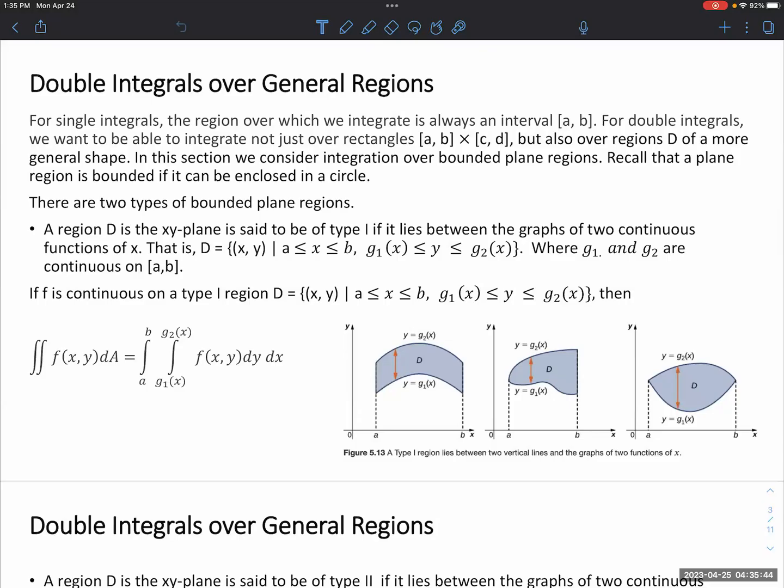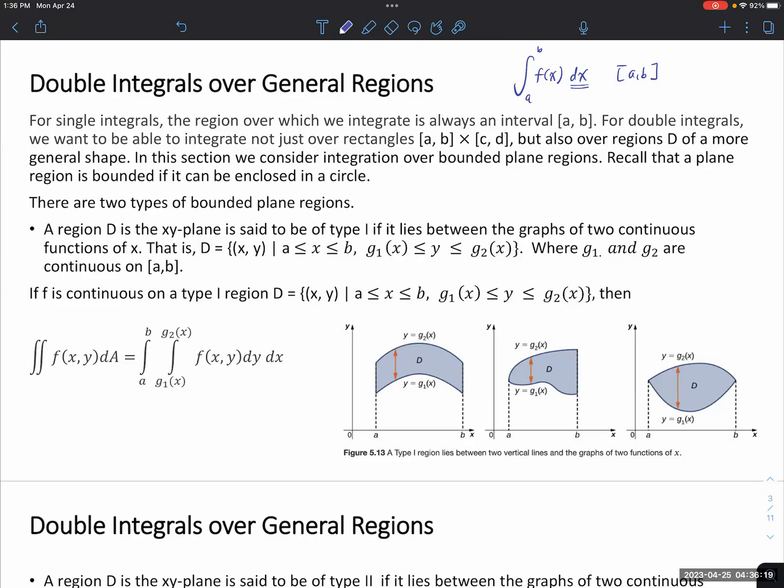Briefly, in Calculus 2, we utilized only a single integral. For single integrals, the region over which we integrated is always an interval from a to b. So you had the integral of a function f dx, and this a and b is the range on the x-axis, so you're taking the integral with respect to only the x variable.